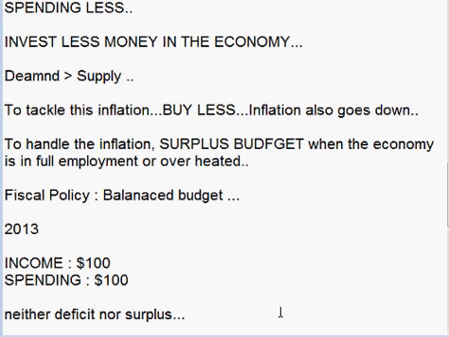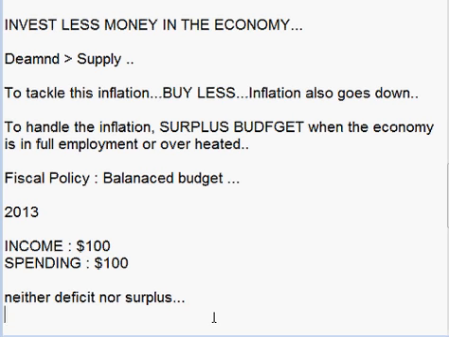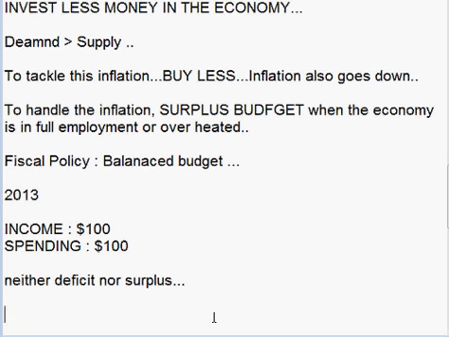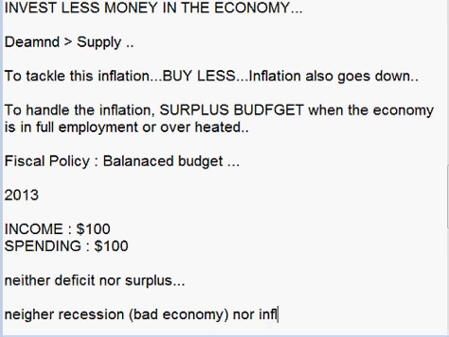The question is, when does the government adopt a balanced budget? Normally the government adopts a balanced budget when the economy has neither recession, meaning a bad economy, nor inflation.